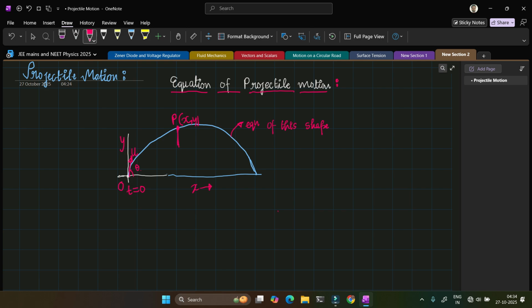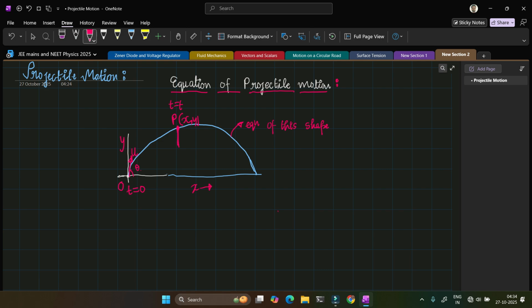At t equal to 0 it was at the origin, and after a certain time t it was at point P whose coordinates are x and y.